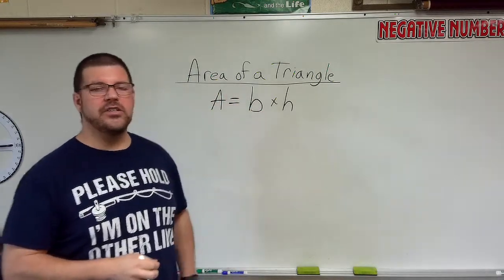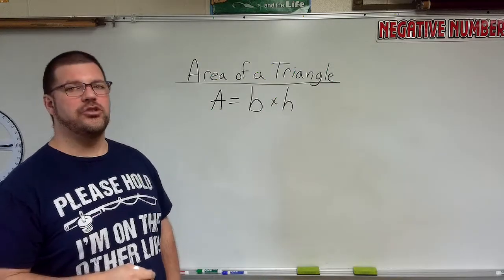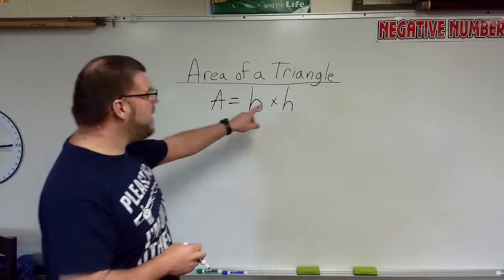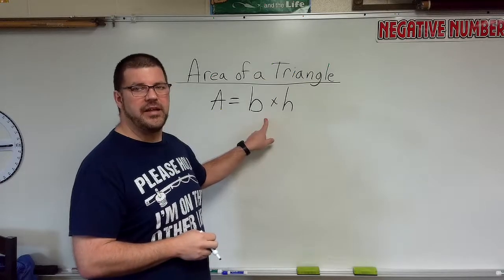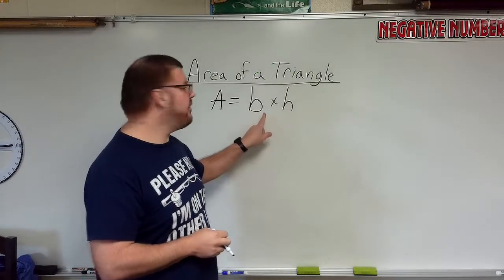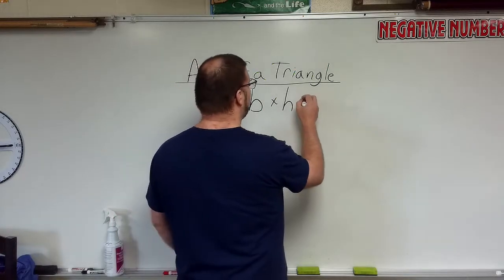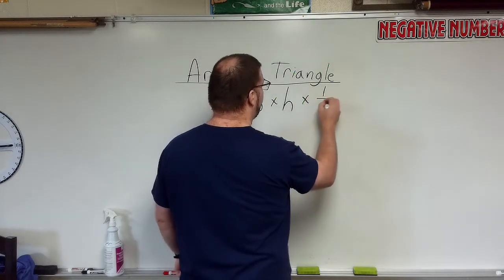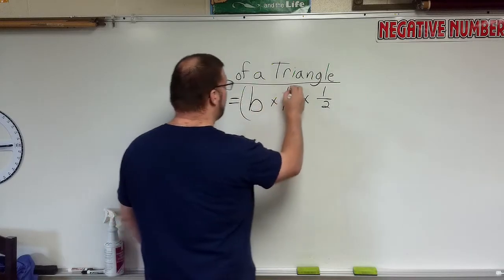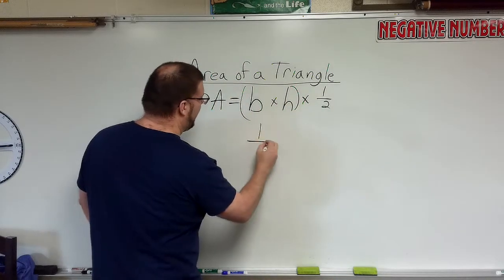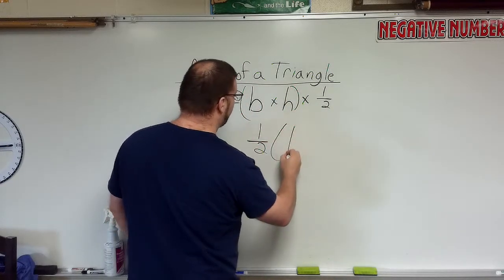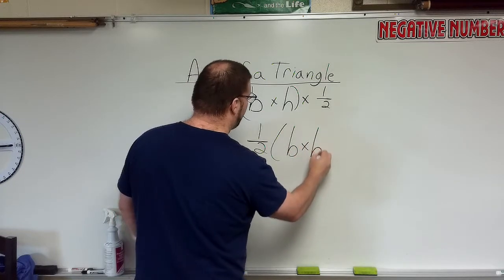But if you are doing a triangle, you have to take this formula, just like normal, base times height, and then you have to take your answer and halve it, or multiply it, times 1/2. So a lot of times you're going to hear it like this: 1/2, parenthesis, base times height.